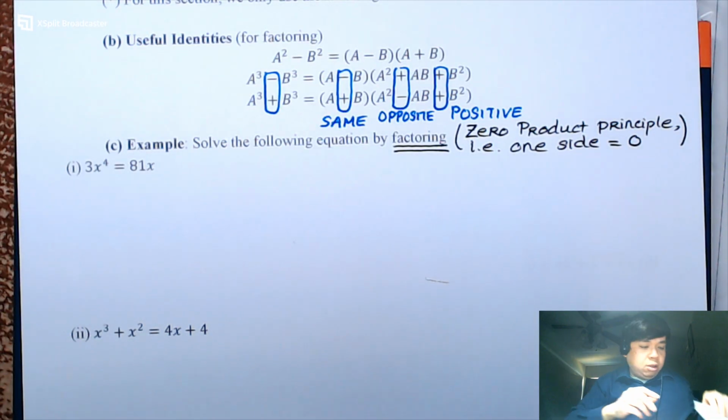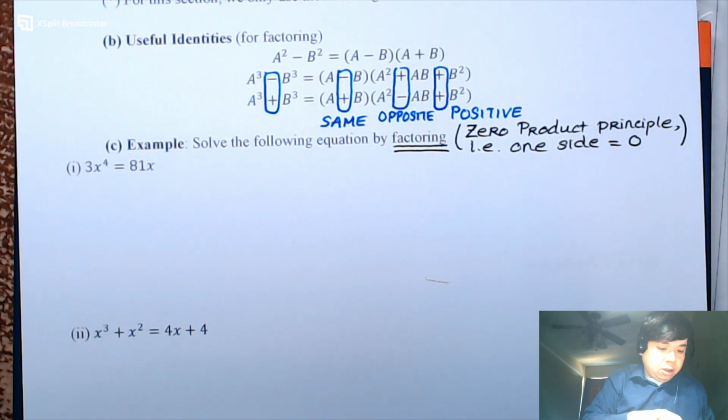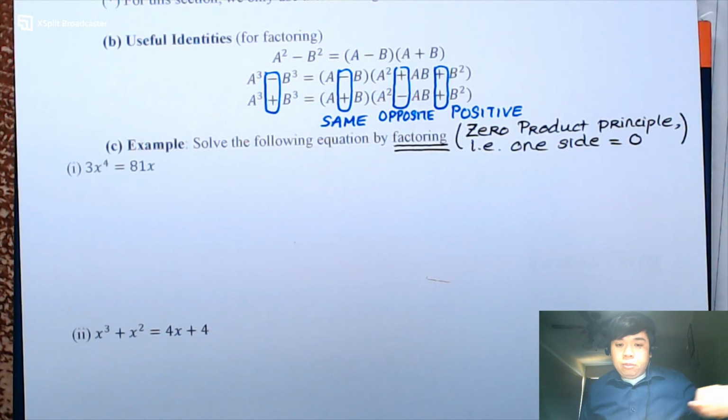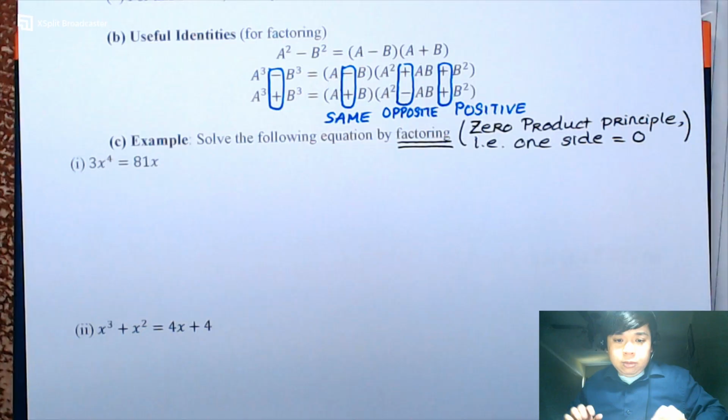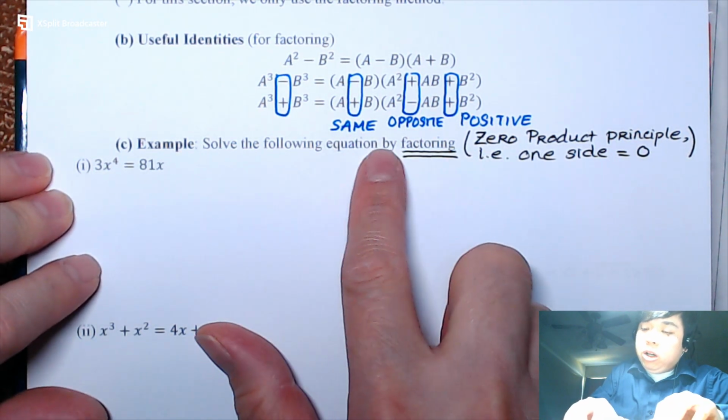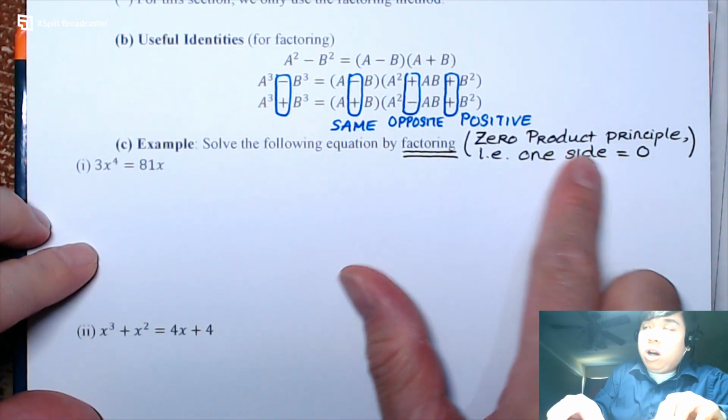Right, so we use the zero product principle on this problem, meaning that one side has to be equal to 0.